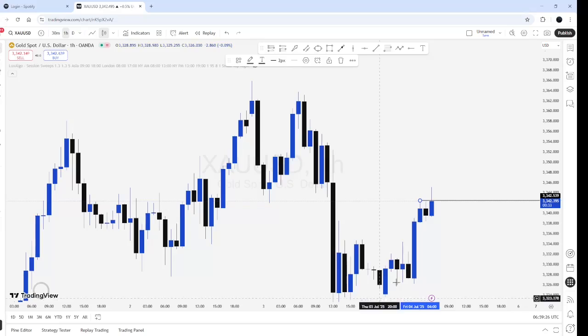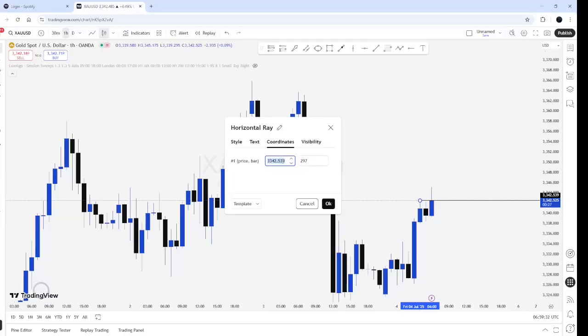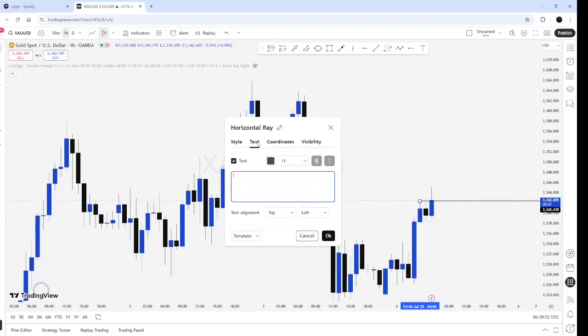Okay, so now let me plot this one coordinate. This is the highs. The highs we have is 3344.30. And now let me name it highs.